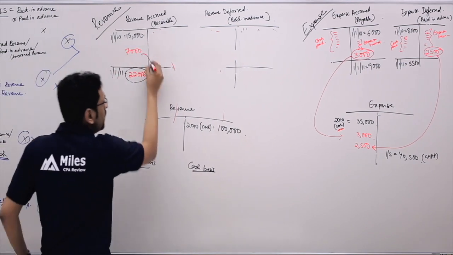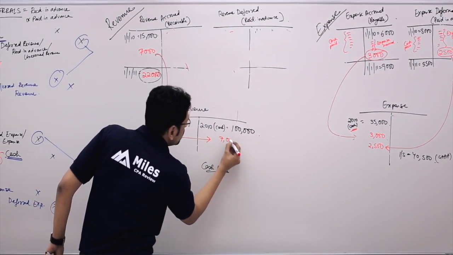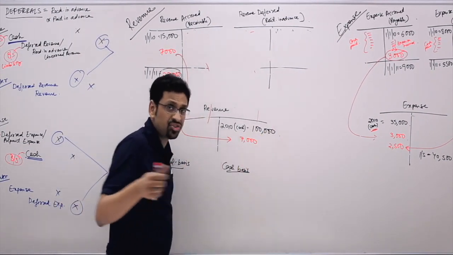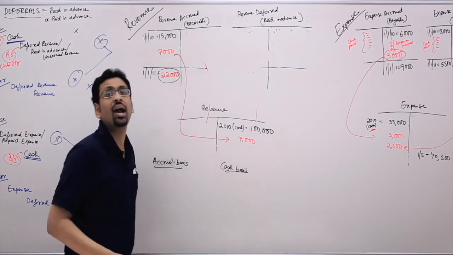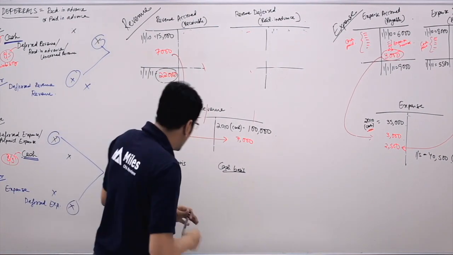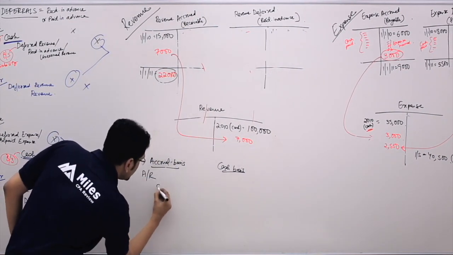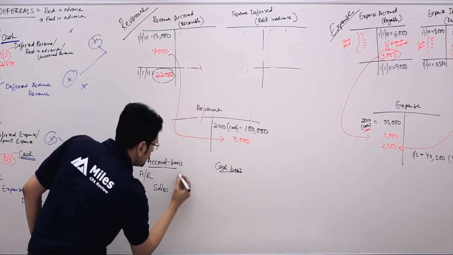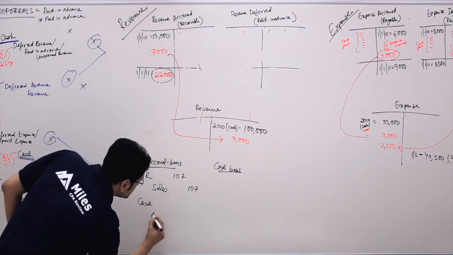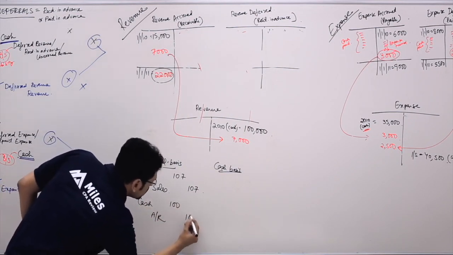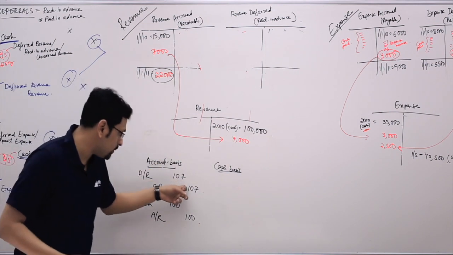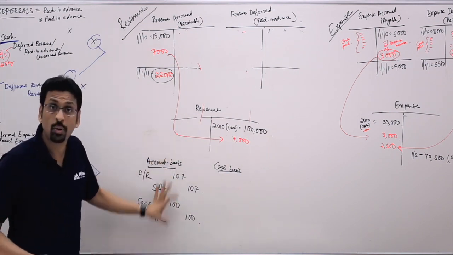A 7,000 debit here would mean a credit of 7,000 here, which means that the sales for the year, which is recorded at $100,000, the cash received should have been 100 plus 7, 107. So what should have been recorded under the accrual basis would be accounts receivable to sales 107, and cash received to accounts receivable 100. So the sales should have been 107 and cash to accounts receivable. This would have been the accrual basis of accounting.